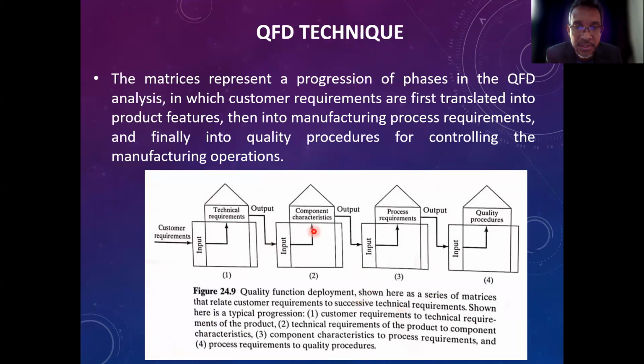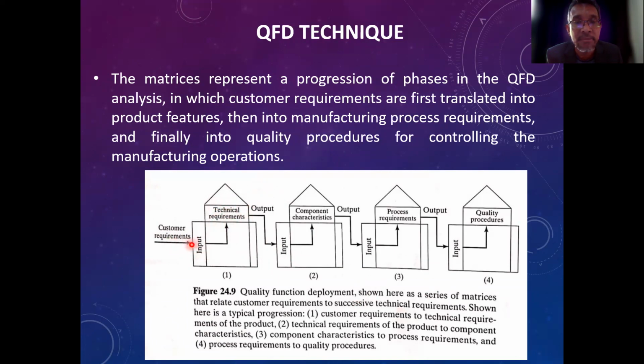You can see that the customer requirement as an input is represented in the matrices at the progression phases of the QFD analysis. So the customer requirement at first will be translated to the product features as a technical requirement.